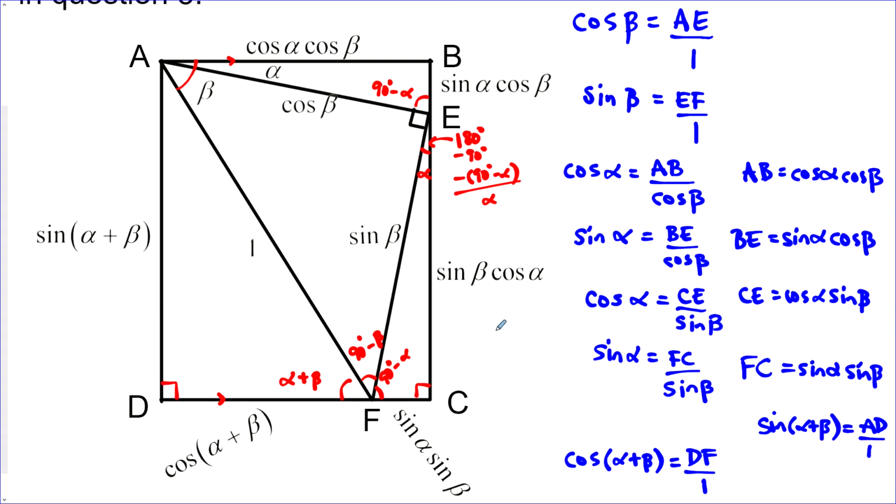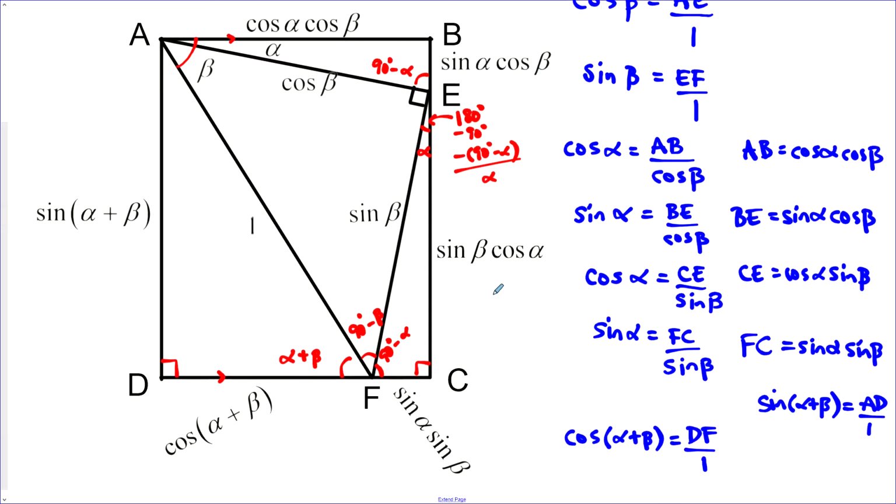Now the great thing about this diagram is that we get different measurements on opposite sides of our rectangle. So on the top we have cos alpha cos beta, and on the bottom we do not. We have two pieces. On this side we have sine of alpha plus beta, and on this side we have two pieces to make that up.